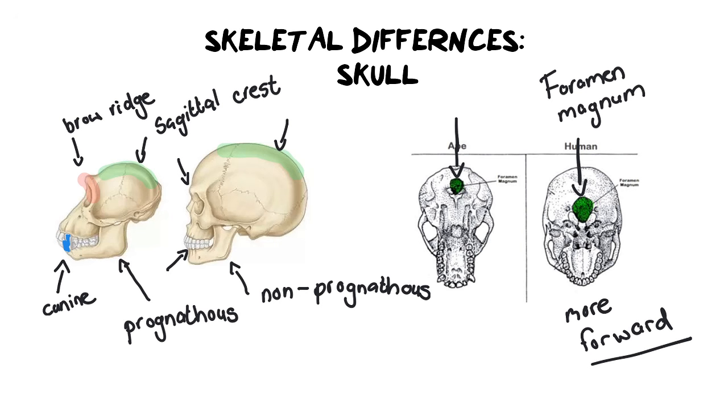The word associated with the foramen magnum and being able to walk on two legs is bipedalism. This is one of the most important developments in our evolution that we must note, especially with the foramen magnum and the next two skeletal differences, and how they assist bipedalism.